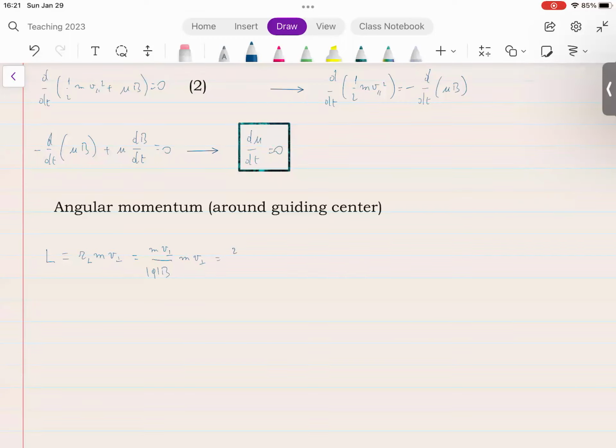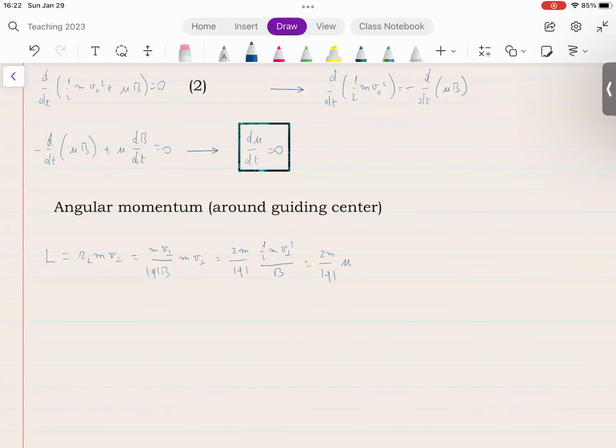So this gives me 2m over q times 1/2 m v perp squared over B, or 2m over q times the magnetic moment.